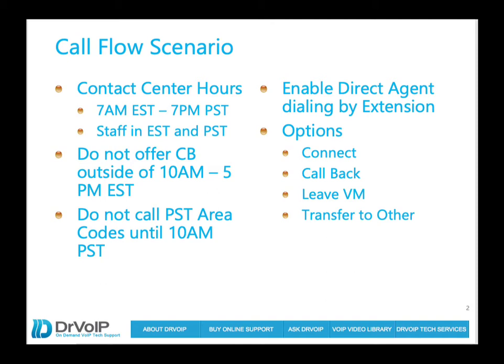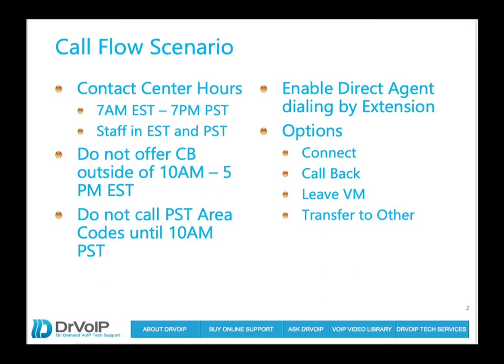And throughout the day, it follows the sun across the country with another agent group, let's say in California. So we're open from 7 a.m. to 7 p.m. and we have staff in both time zones.